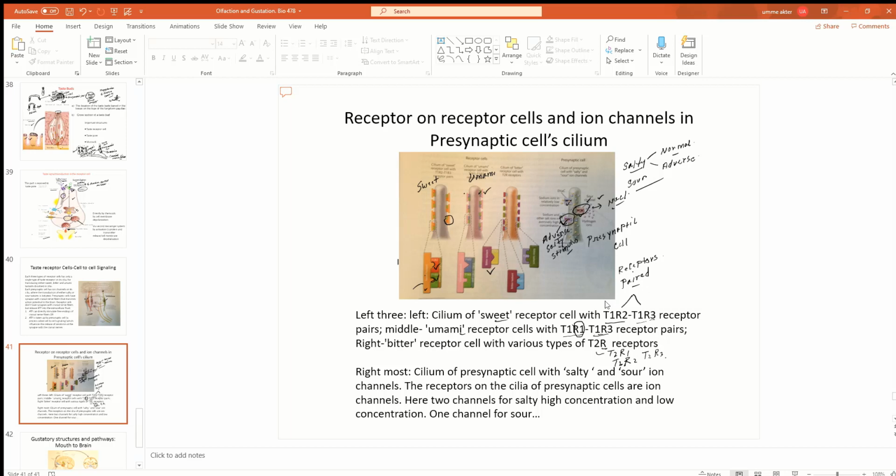Here you can see receptors for bitter. So you see that the shape of the receptors is different for different types of taste receptors. They have different shapes and they are located in different cilia of different receptor cells.